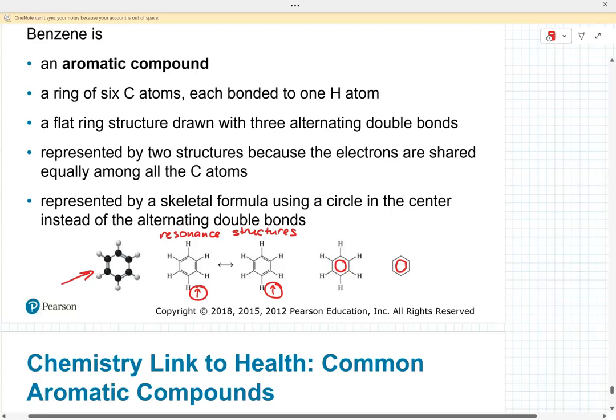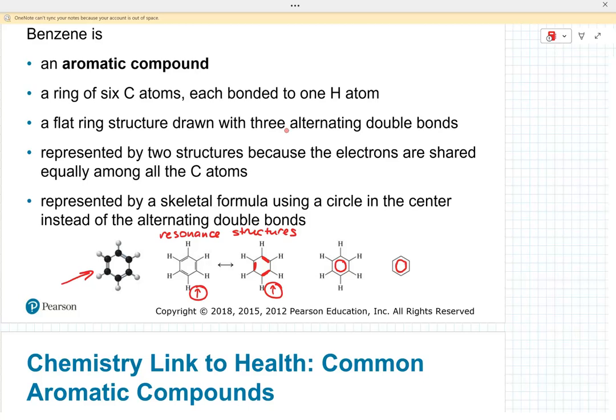Which particles found in an atom form covalent bonds? Electrons. So here you have 3 double bonds, 3 bonds that are very rich in electrons, located adjacent to each other.